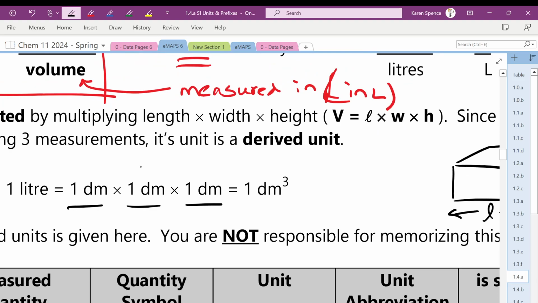What is decimeter times decimeter times decimeter? That is a decimeter cubed. There's no other way of doing it. That's just a decimeter cubed. And do you know what we have done? We have combined units.